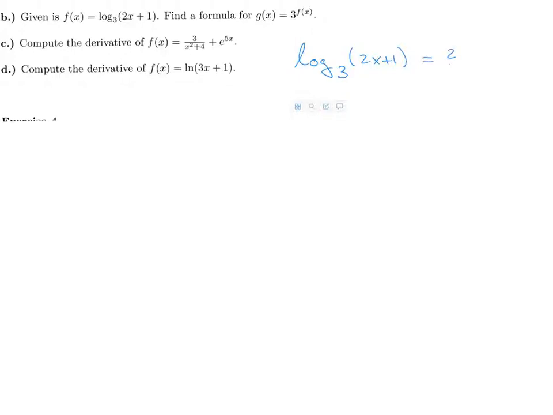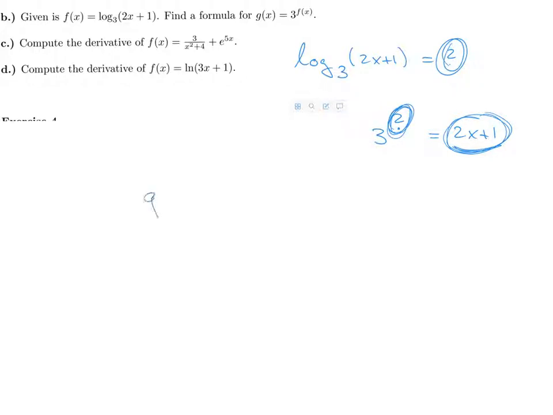This expression says: if I want to get 2x plus 1 and I want to express it as 3 to the power of something, what do I have to put here in the exponent in order to get this? This question mark here is the definition of the logarithm.